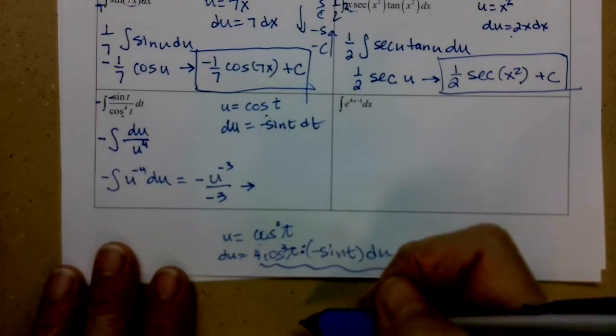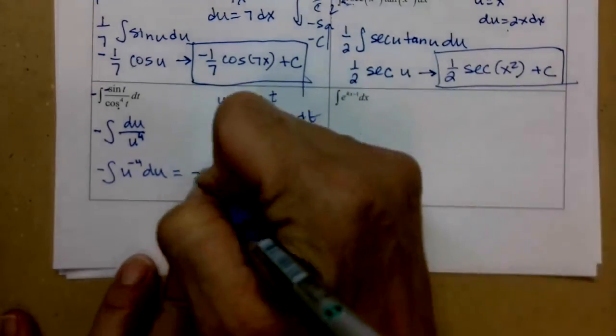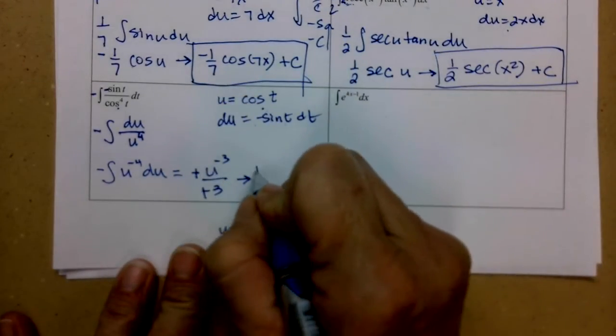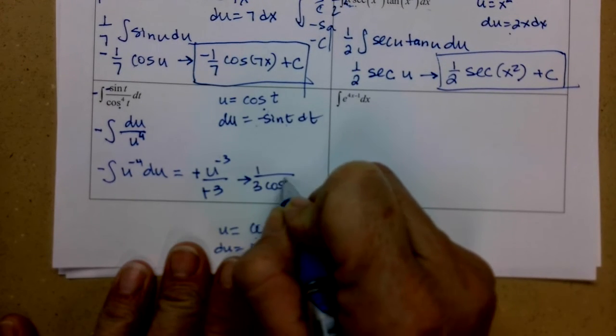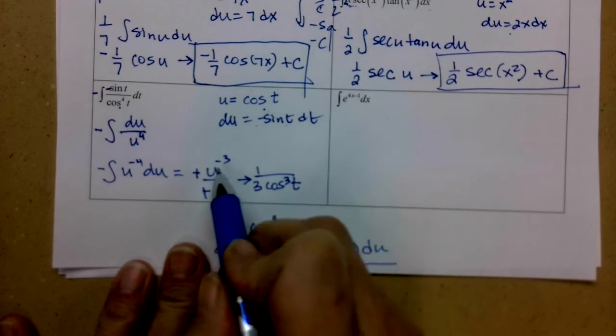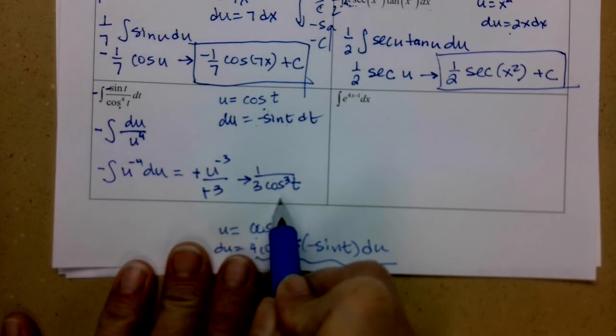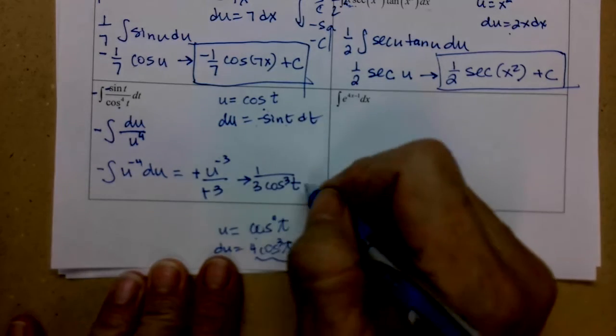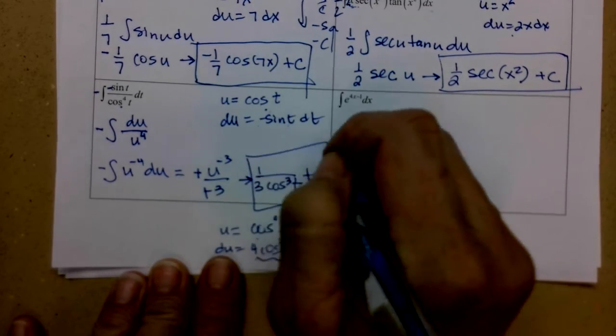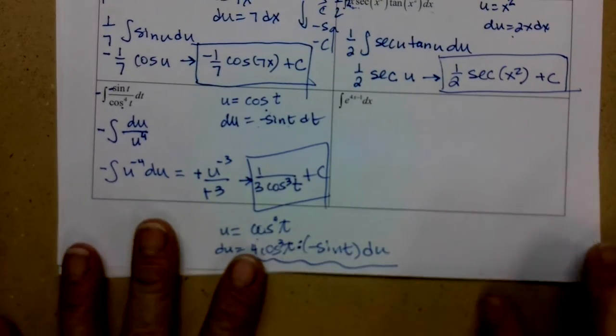Back to t's, and let's see, what can we tidy up to get rid of our negatives? I've got a 1/3. I'm going to go ahead and move that back down to the bottom. Cosine cubed t. U to the -3 comes down, u to the +3, and u is cosine t, and remember the 3 goes on the inside. Plus c. Awesome.